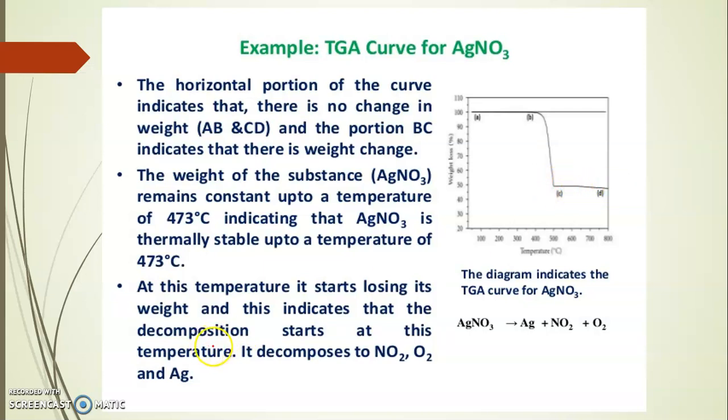In this graph you can see the decomposition of silver nitrate occurs. It decomposes into silver, nitrate and oxygen. So this is the diagram which indicates the TGA curve for silver nitrate.